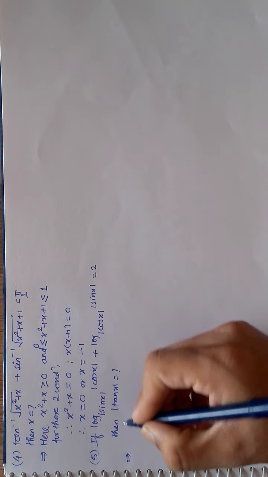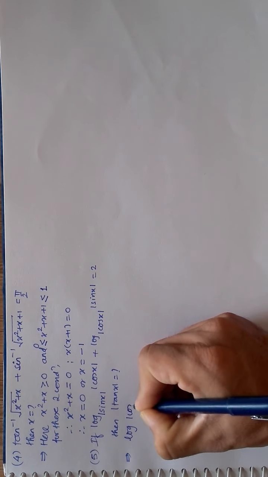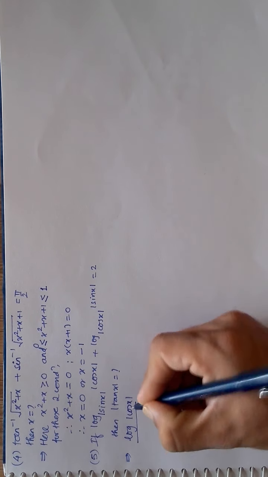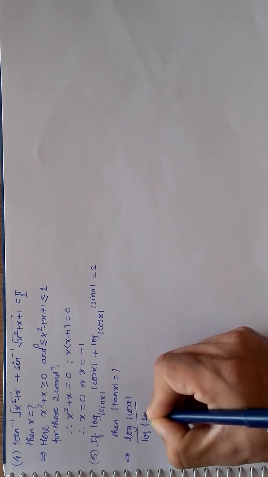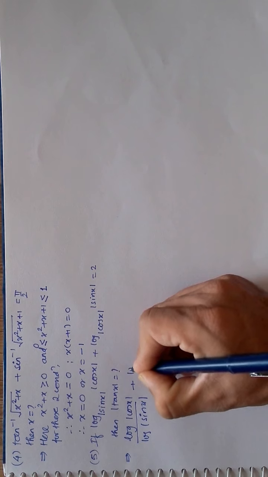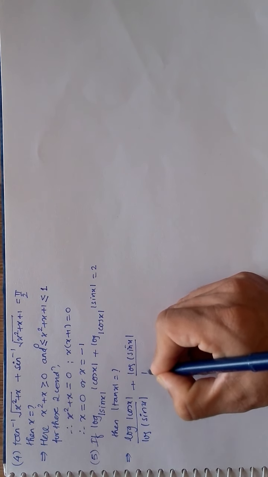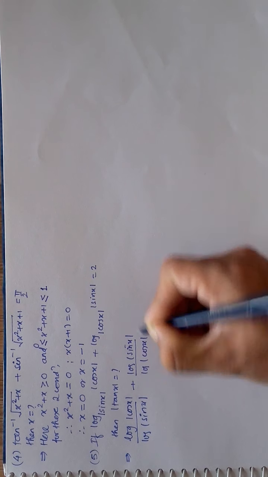So here how would I begin? I would change the base. That is, base I will make as e, that is log of mod sin x by the change of base rule, plus log of mod of sin x upon log of mod of cos x.